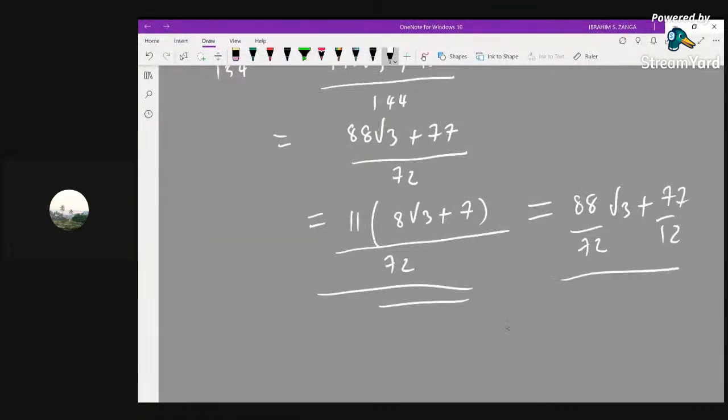So it means you're going to divide there. Of course, if there is need to divide, you divide, or if there is no need to divide, you can just simplify. Of course, it's 72 here, and it is the final answer as far as you can see the way they asked the question.